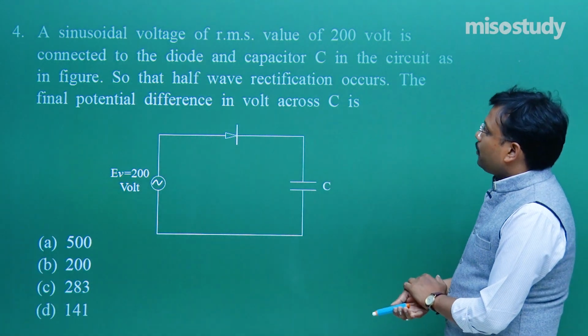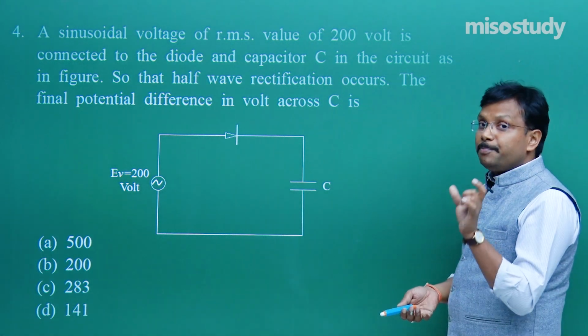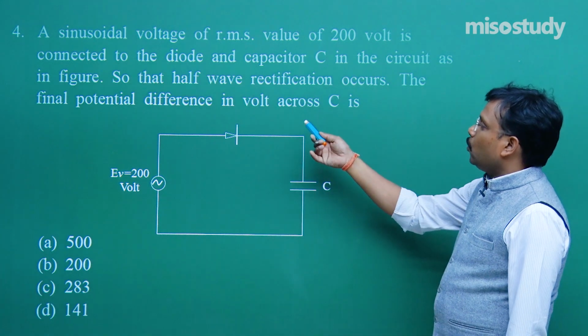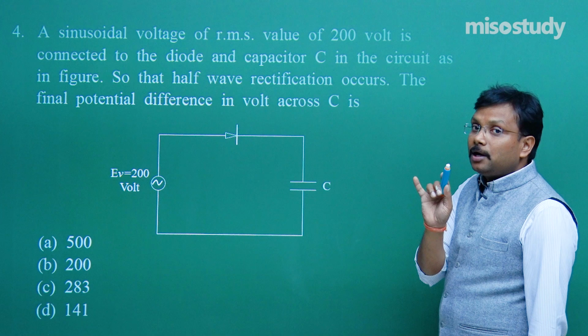What we have to find out? Final potential difference, P.D. in volt across C. I'm going to write down a basic result.